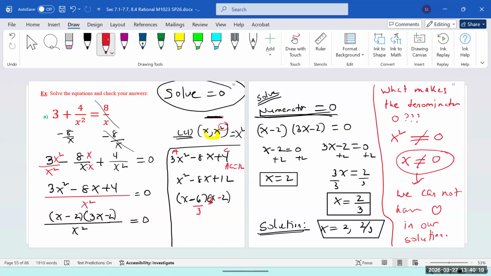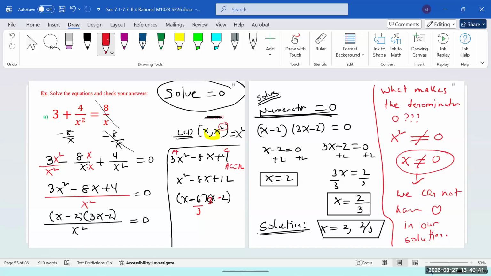Then I went for the LCD. So when you look for the LCD, all the denominators are the same, right? So you write it only once. It becomes the x squared, one of them. And then you combine all the numerators.